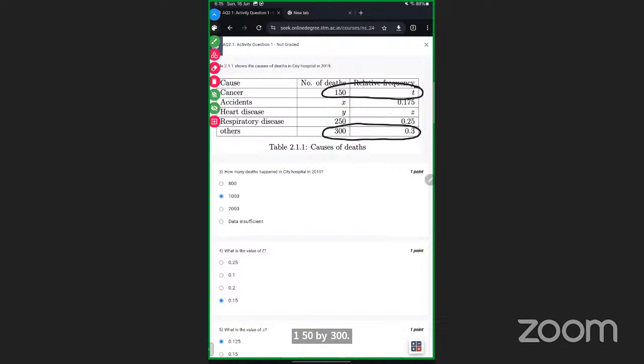So 300 is representing 0.3. In all questions, it gives this type of relation, one relation, 300 and 0.3, and you use it to find the other ones like T and Z. I don't understand what you are saying. If you are good with Hindi, ask in Hindi.